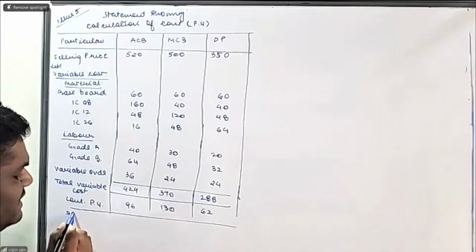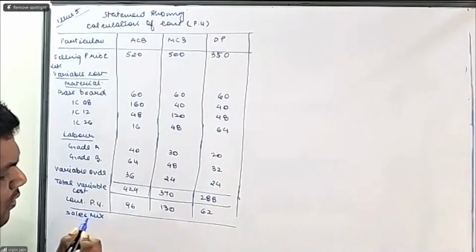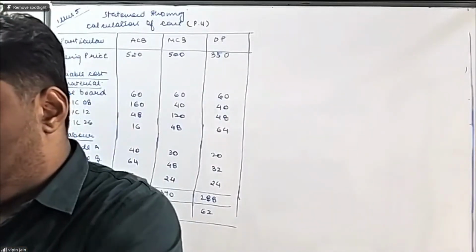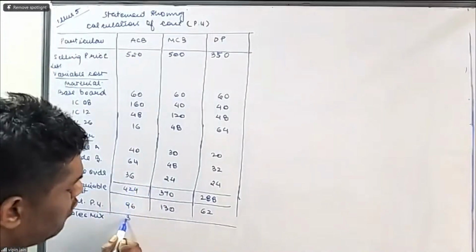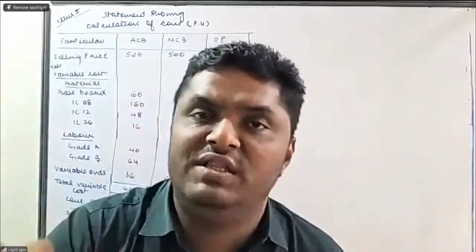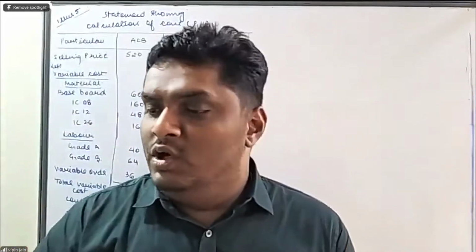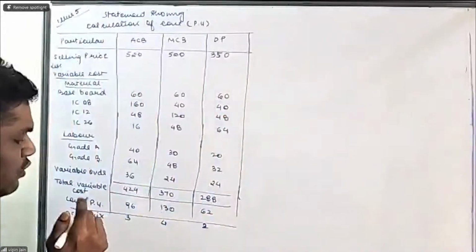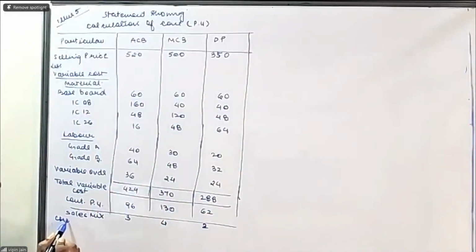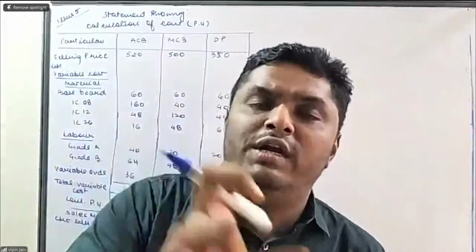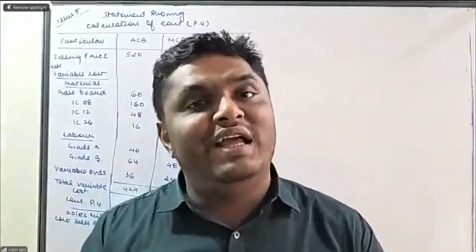Now, the sales mix is given in the question, that is 3:4:2. So we can calculate the contribution sales ratio. I have discussed this part. If sales mix is given, contribution is given, we can calculate the units.